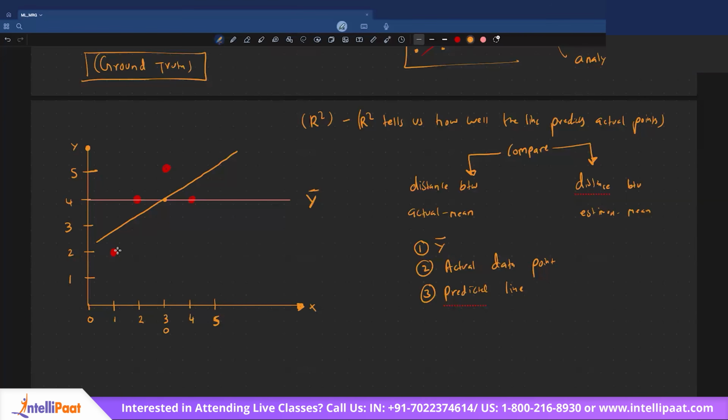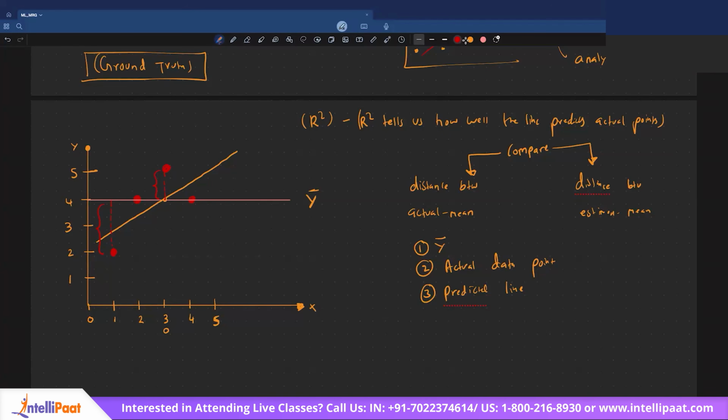So can I say this is the distance between the actual data point and the mean? This distance is what we calculate first. Yes or no? Good.